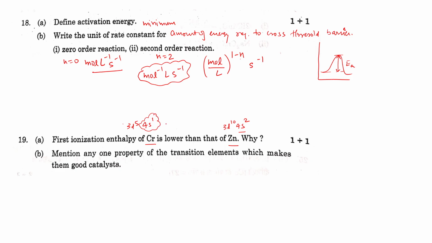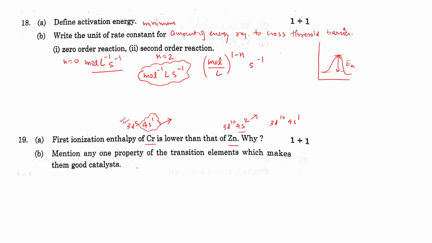Second, when we remove one electron from chromium, it gets a stable electronic configuration 3d5, which is exactly half filled. Whereas when we remove one electron from zinc, it becomes 3d10 4s1, which is slightly less stable in comparison to 3d5. That is why first IE of chromium is lower than that of zinc, because it is easier to remove the electron from 4s1, which leads to the formation of 3d5, which is more stable.